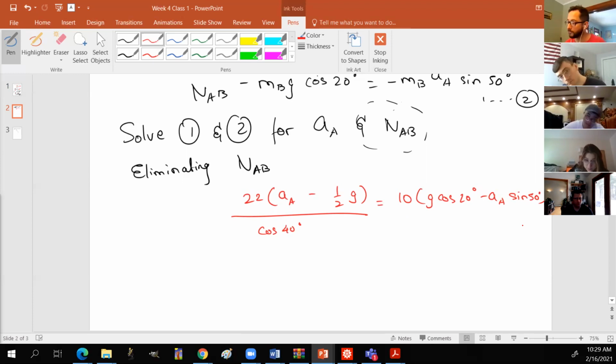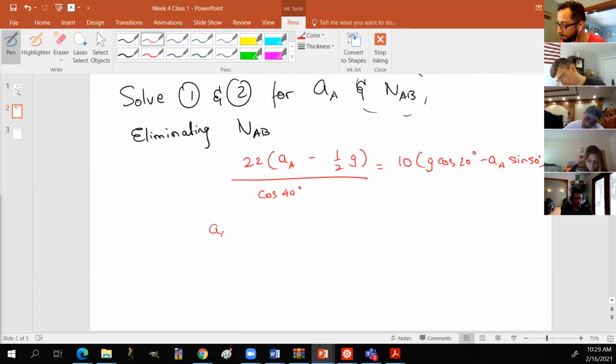So here you can solve for a_A. It turns out to be equal to 9.81 times cosine 20 plus cosine 40 divided by 2.2 plus cosine 40 times sine 50. Units, always be careful. We're skipping that step over here, but you guys be careful, please.